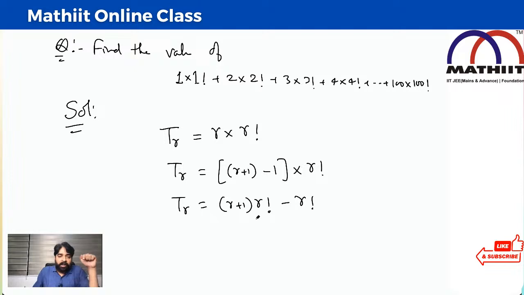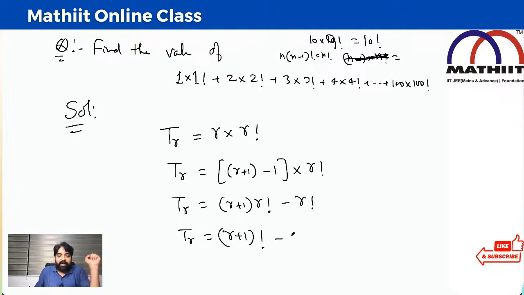Now r plus 1 into r factorial will be what? Like suppose somebody says 10 into 9 factorial. That will become 10 factorial, because n into n minus 1 factorial is equal to n factorial. So Tr we can write as r plus 1 factorial minus r factorial.